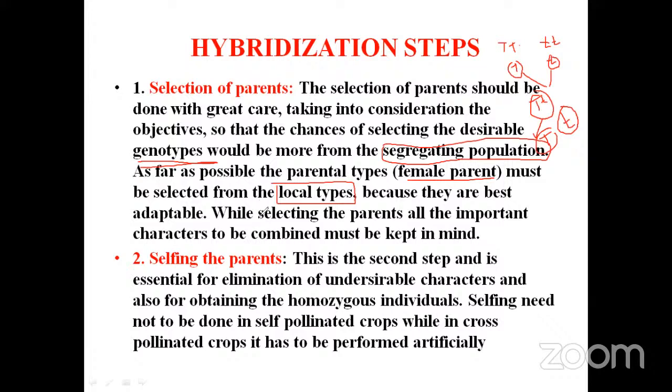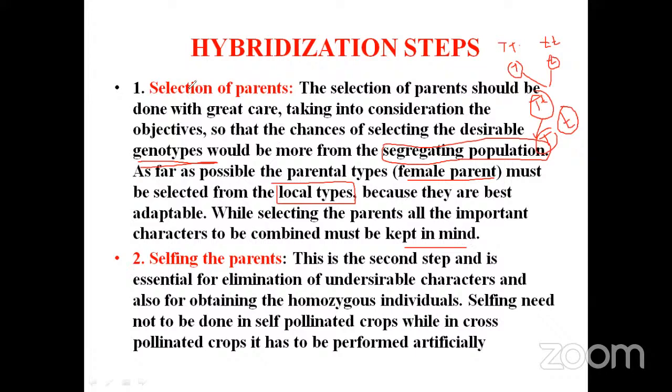While selecting the parents, all the important characters to be combined must be kept in mind. That means first of all you decide what character you need in the coming generation, and for that purpose you select the desirable character. How can we get the desirable character? We get it by segregation of gametes.